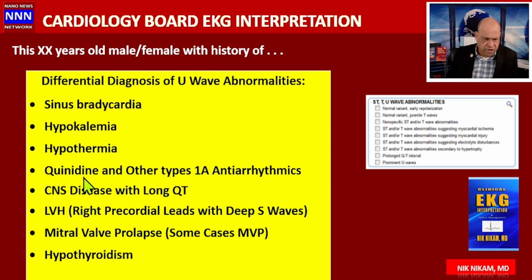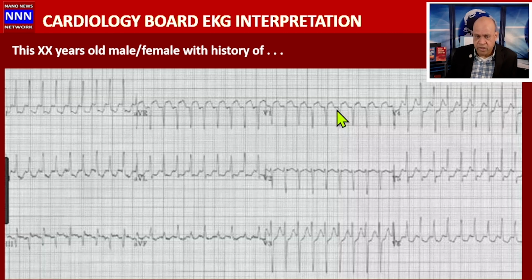Hypothermia, drugs like quinidine, type 1 antiarrhythmics, CNS disorders, long QT syndrome, left ventricular hypertrophy, mitral valve prolapse sometimes, and hypothyroidism. So these are some of the conditions that we need to keep in mind. There could be something in the history that might suggest one of these points, and that's why you need to connect the history whenever you're reading EKGs and you don't know exactly what you're looking at.